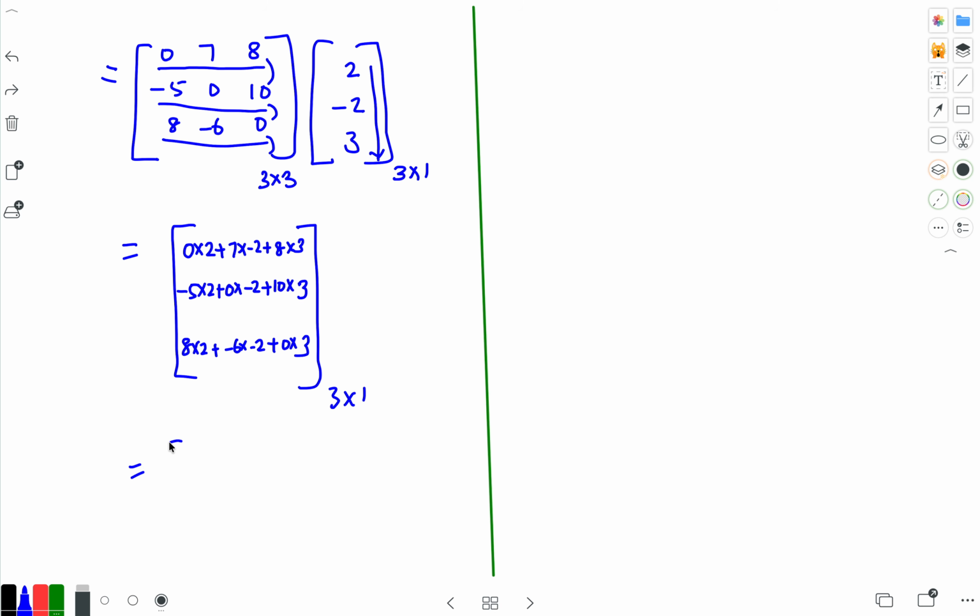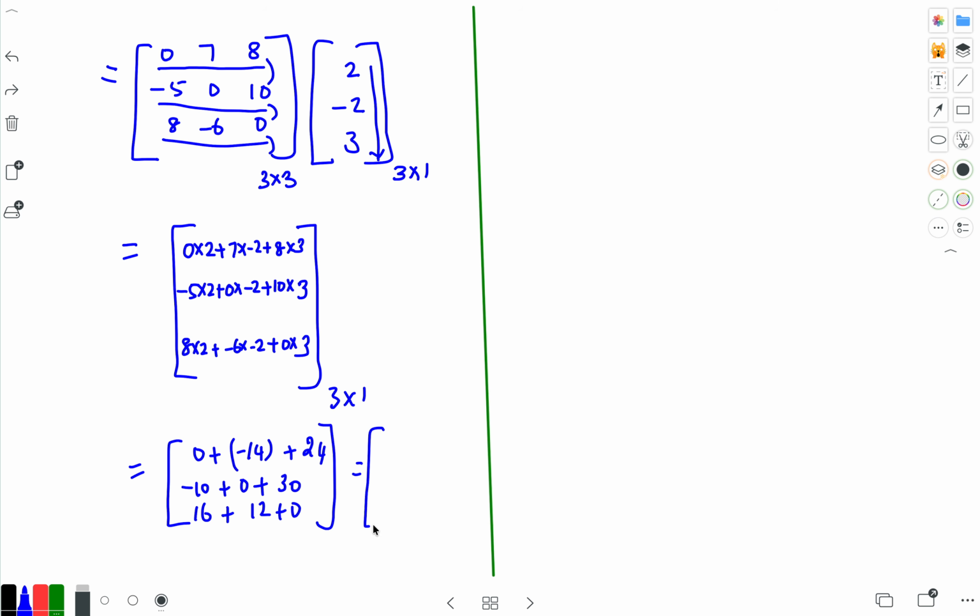That is 0 times 2 is 0 plus 7 times minus 2 is minus 14 plus 8 times 3 is 24. Then minus 10 plus 0 plus 30. Next one is 8 times 2 is 16 plus minus 6 times minus 2 is 12 plus 0.